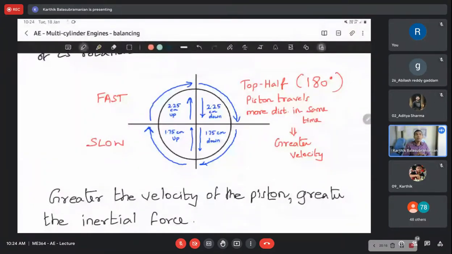You can minimize the imbalance due to secondary inertia forces by going with multiple cylinders. That's the idea why we go for a multi-cylinder engine. Do you get the idea why we are doing that?